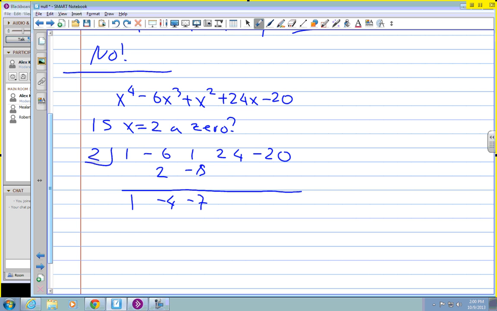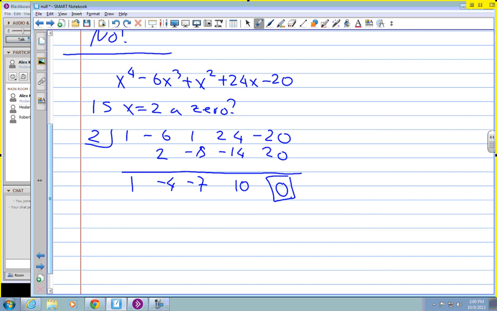What do we get? Negative 14, 10, 20, 0. So what is the conclusion?